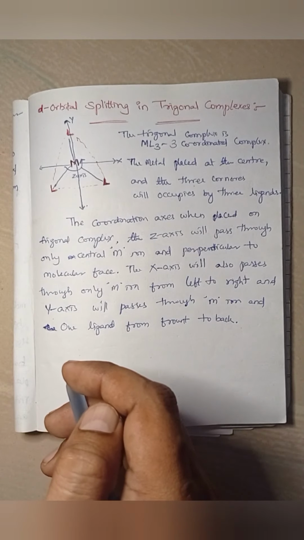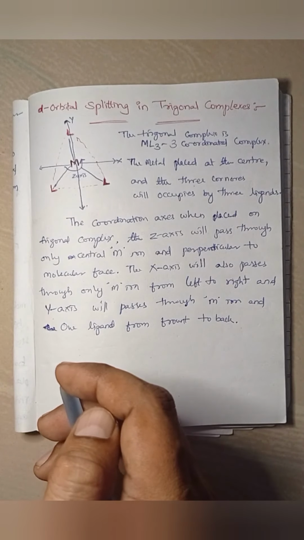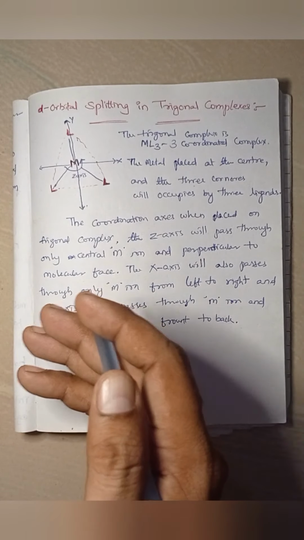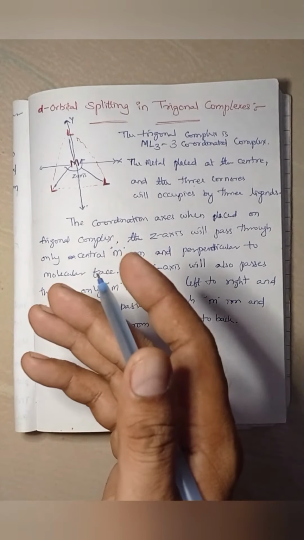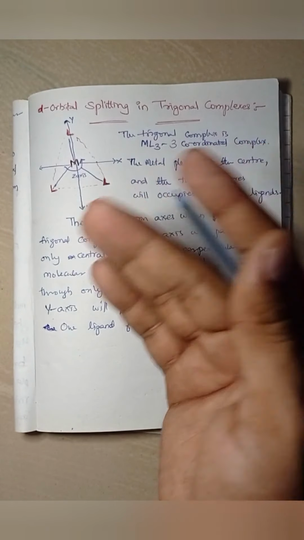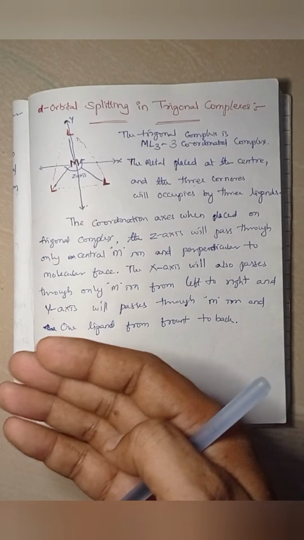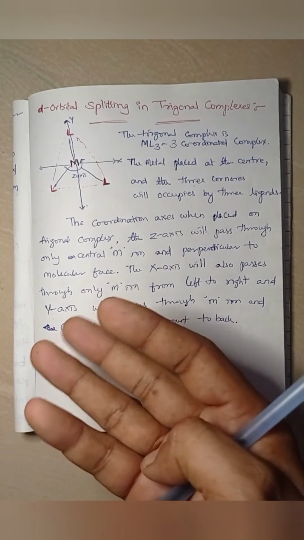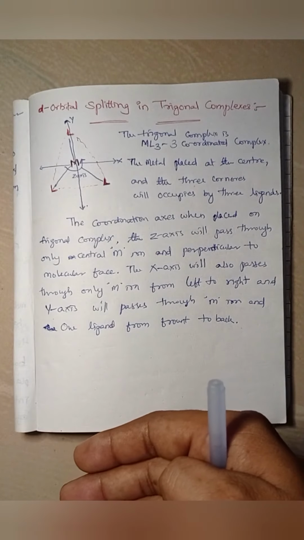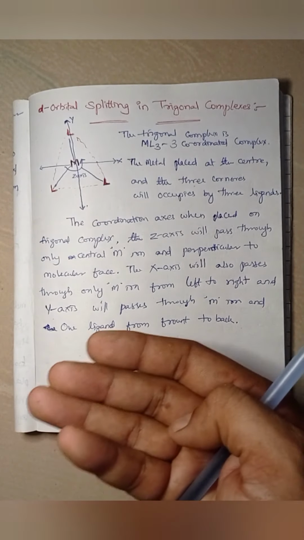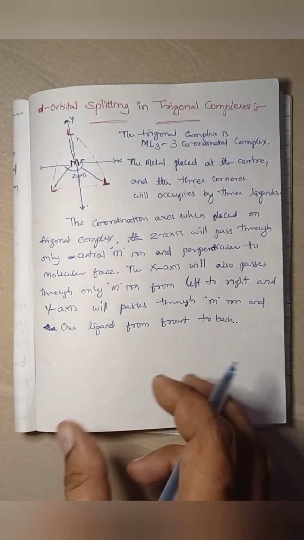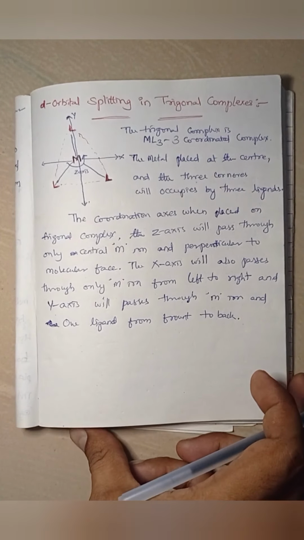The orbitals interacting with ligand sites will get destabilized and raised to a higher energy level, and the orbitals which are away from the ligand sites will be stabilized and reach the lowest energy level. This is how the splitting pattern takes place every time. So let us look at how the splitting happens, right?